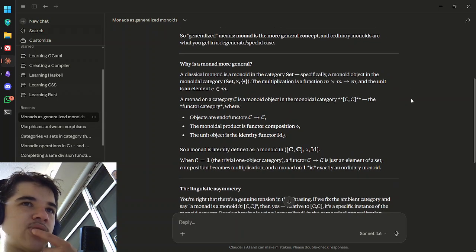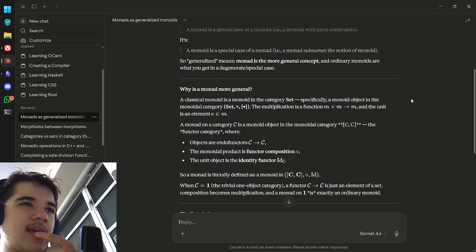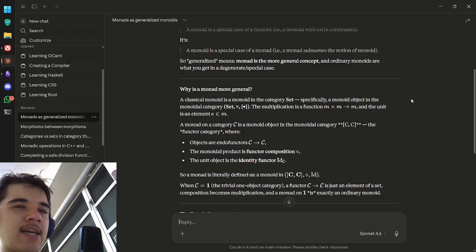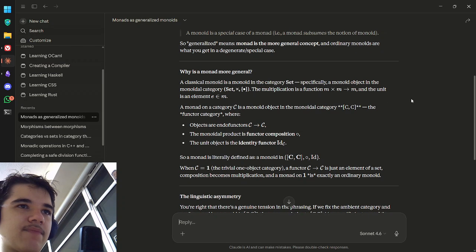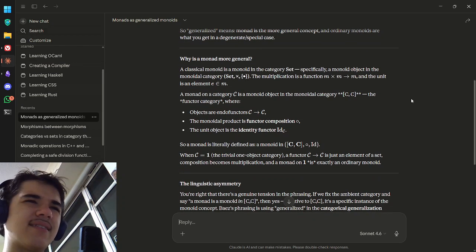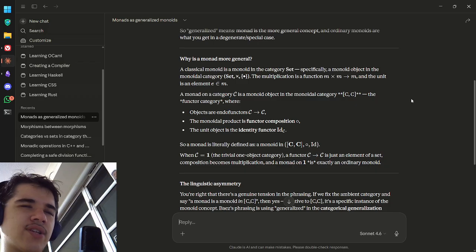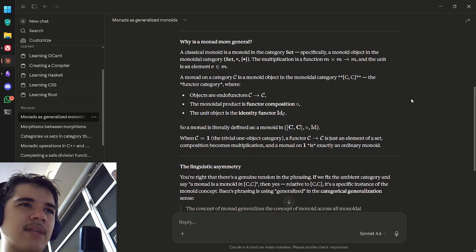Yeah, I understood that, but I don't understand why. A classical monoid is a monoid in the category Set. Yeah, specifically a monoid object in the monoidal category. The multiplication is a function, and the unit is an element.